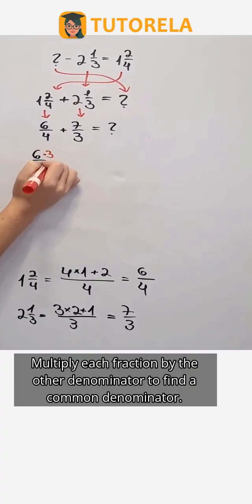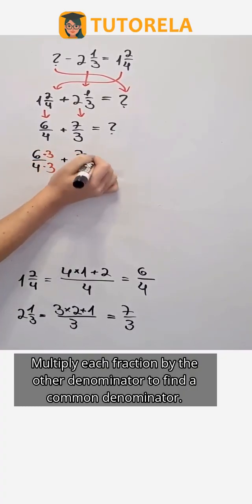Multiply each fraction by the other denominator to find a common denominator.